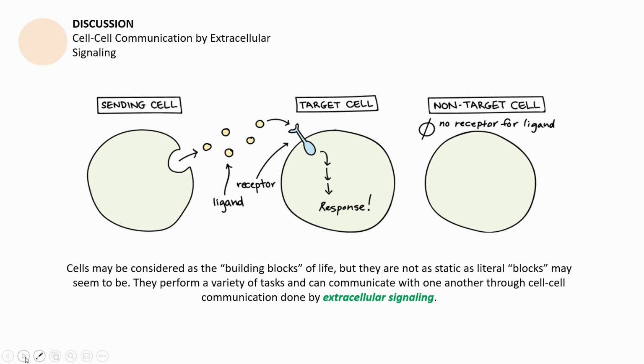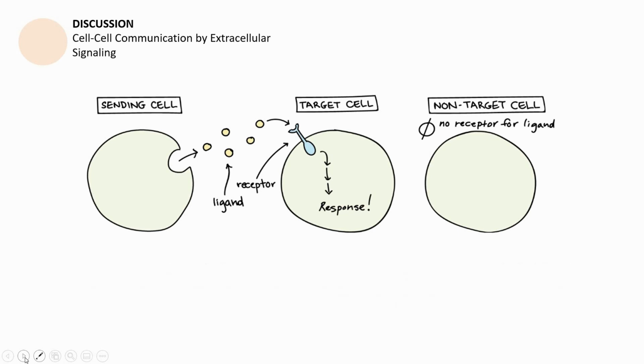So, cells may be considered as the building blocks of life. Pero unlike static blocks, they are actually performing different functions. They perform a variety of tasks and communicate with one another through cell-cell communication, which is done by extracellular signaling. So we can call this cellular communication.